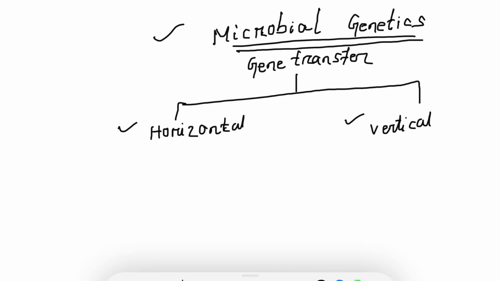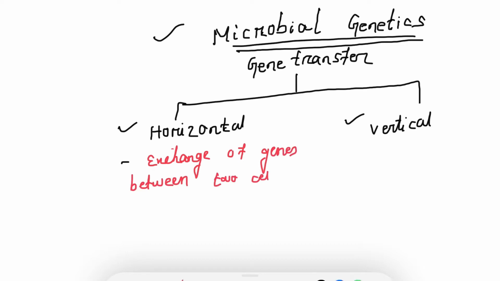Horizontal gene transfer is the exchange of genes between two cells of the same generation.